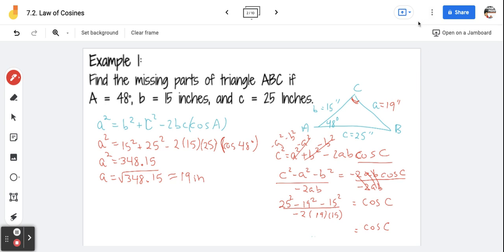All right, so 25 squared minus 19 squared minus 15 squared, divided by negative 2 times 19 times 15. All right, so I get negative 0.0684.